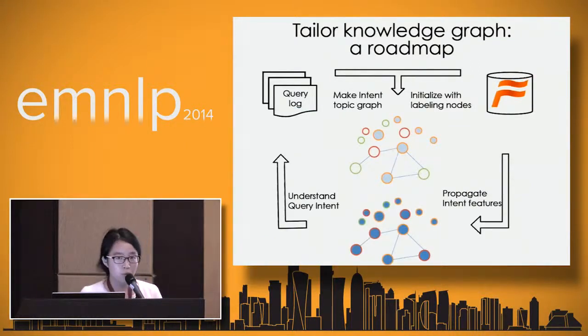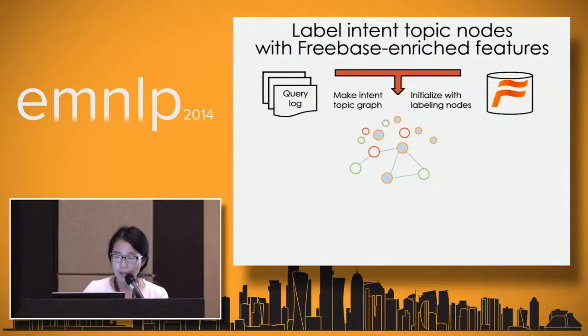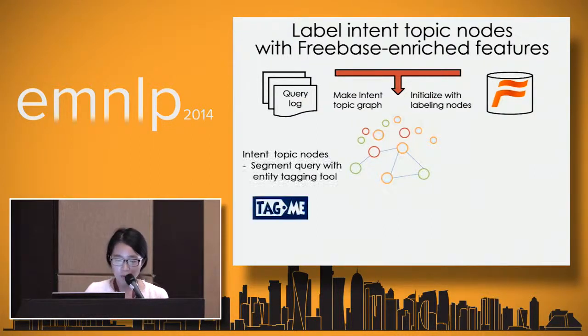So here is a roadmap of our method. Let's go through it step by step. First, let's see how we make the intent topic graph. As we mentioned before, we segment the query into 3 parts by relying on a state-of-the-art entity tagging tool.